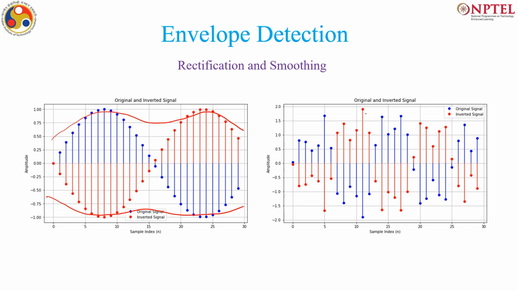So, you do this rectification first, and then on these values you can perform a smoothing operation to get the upper envelope, and similarly you can get the lower envelope.